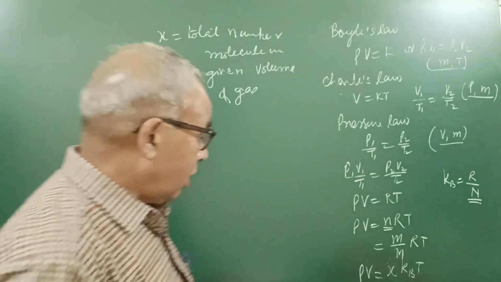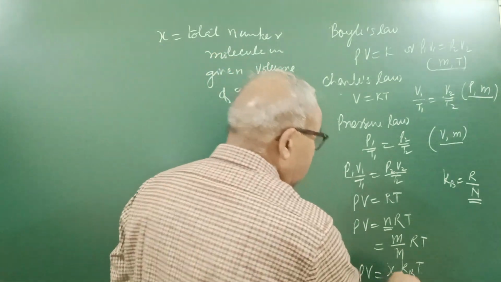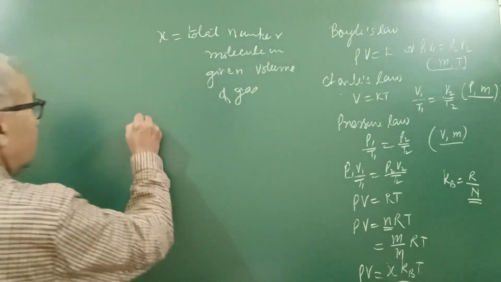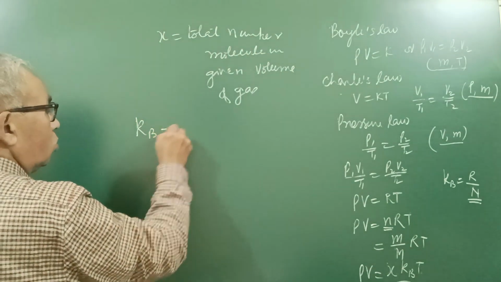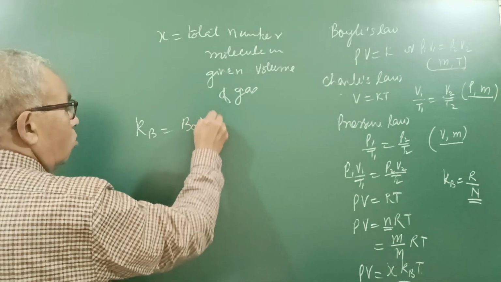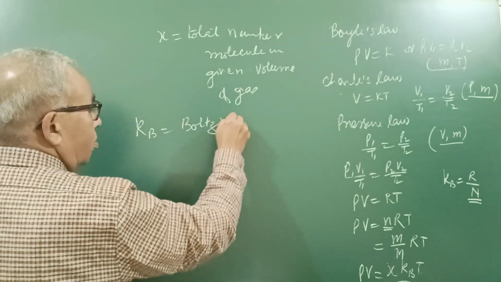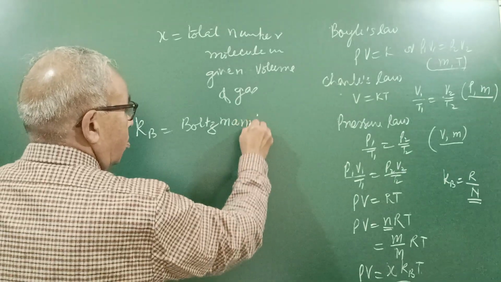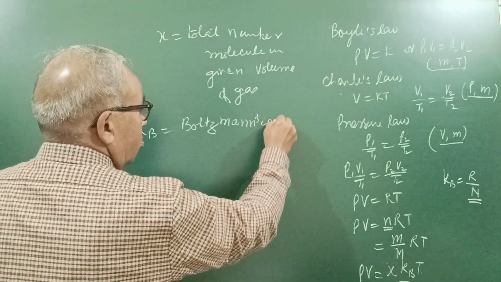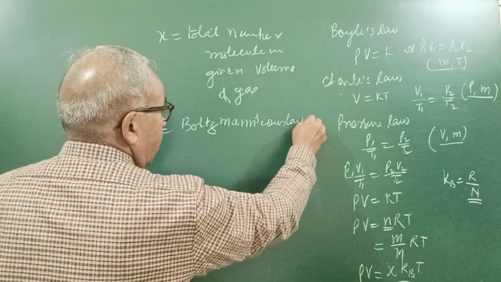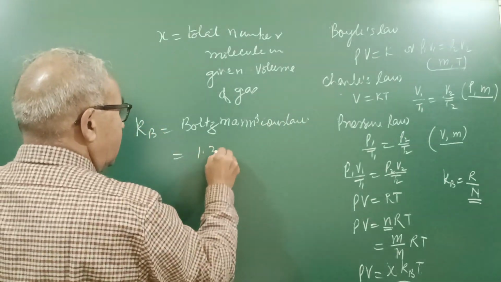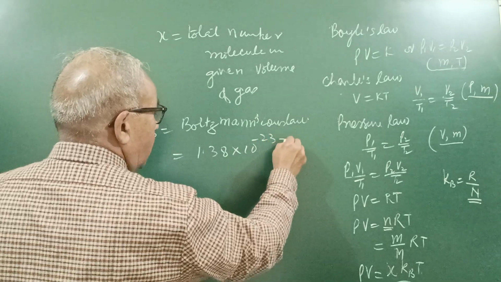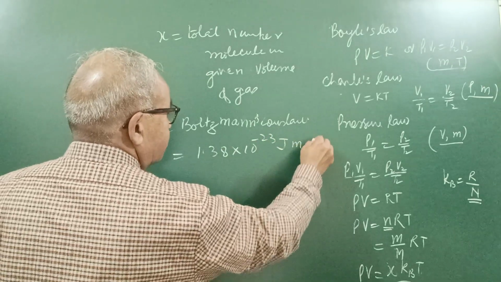Then kB is the Boltzmann constant, equal to 1.38 times 10 to the power minus 23 joule per kelvin.